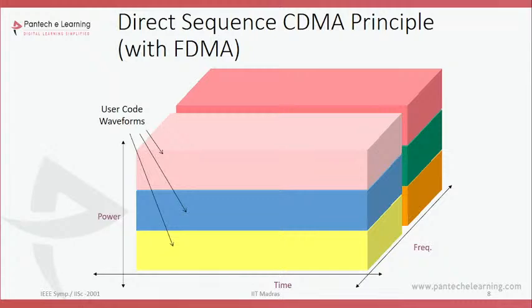The technology is commonly used in ultra high frequency. It's also used in cellular telephone system bands ranging between 800 MHz and 1.9 GHz. So this figure is an example of the CDMA principle.